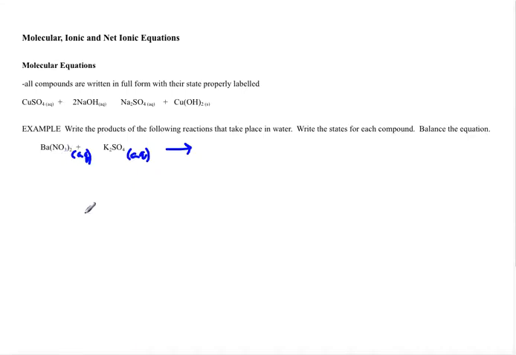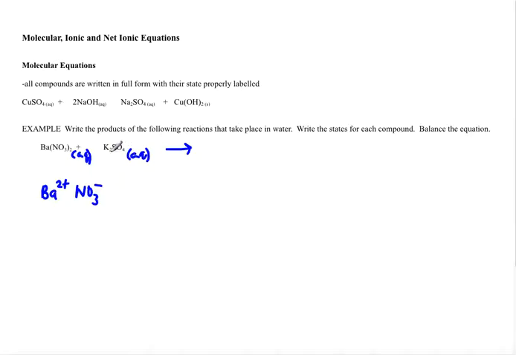Now, in order to write the products, the best thing to do is for us to write out the ions that we're dealing with. So by doing the reverse crossover method or by using the periodic table, we can remind ourselves that barium is Ba2+, and nitrate is NO3-. So these are the two ions that make up barium nitrate.